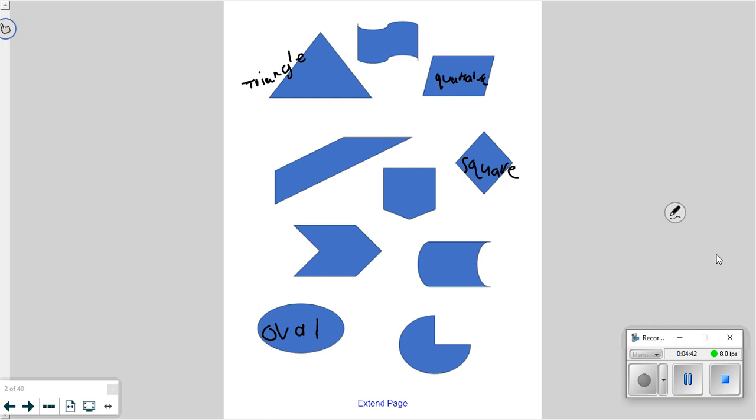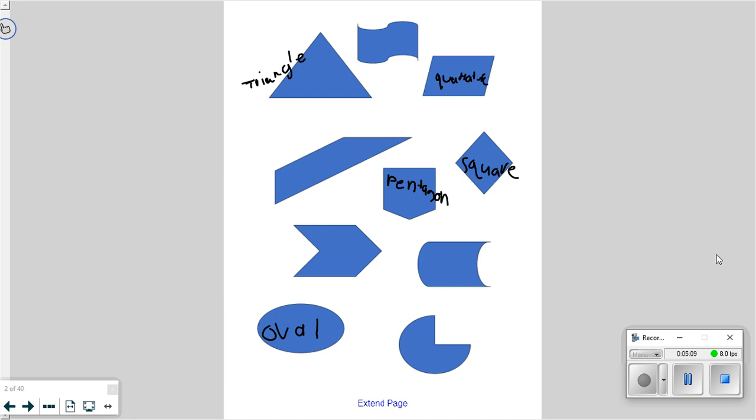That can be called a quadrilateral. If you're not sure what that is, okay. Any others you think you know? Kaden? That is a pentagon. If you're not sure what a pentagon is, that's okay. We're going to talk about it. So the name of that shape is a pentagon.